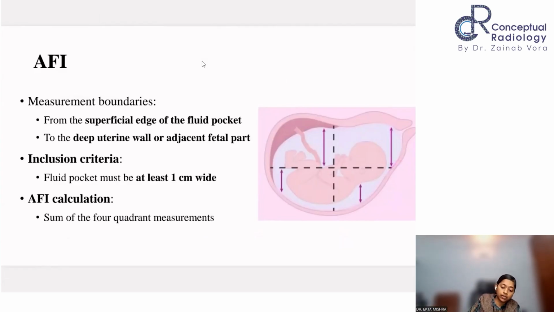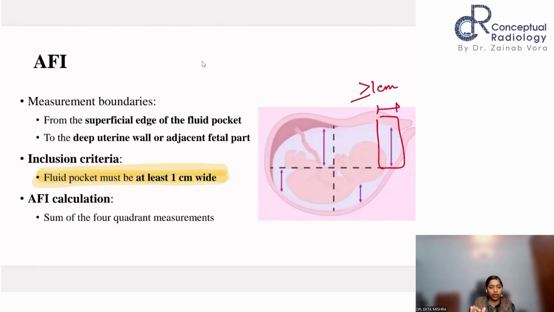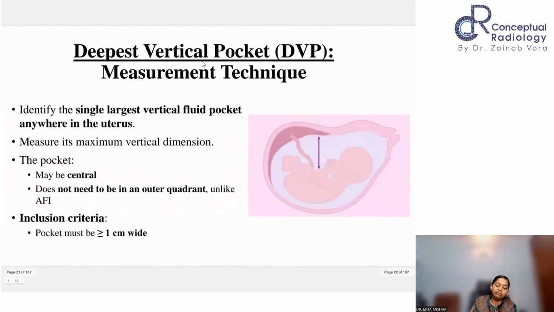But remember, this is very important and often missed. The fluid pocket that you are measuring should be at least 1 centimeter wide. So if I'm taking this pocket, the width of the pocket should be at least 1 centimeter or more. Then only is there a benefit in measuring that fluid pocket. And once you have chosen such pockets, add them up and you get the AFI.